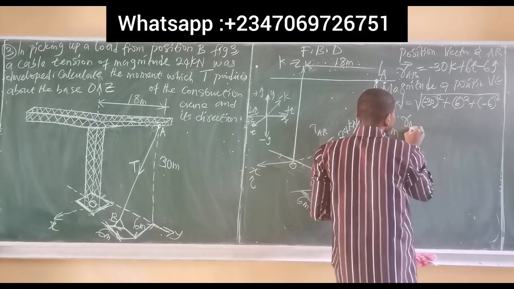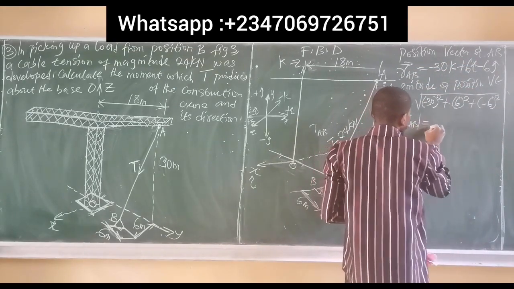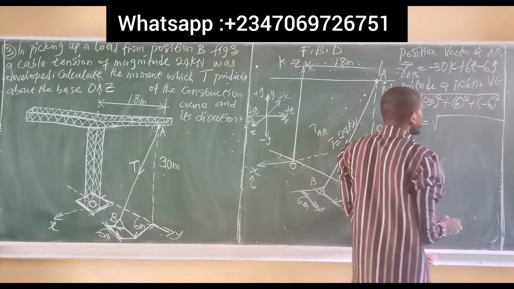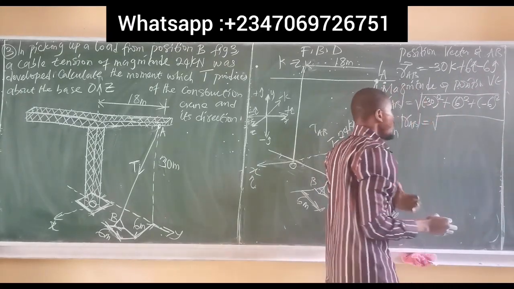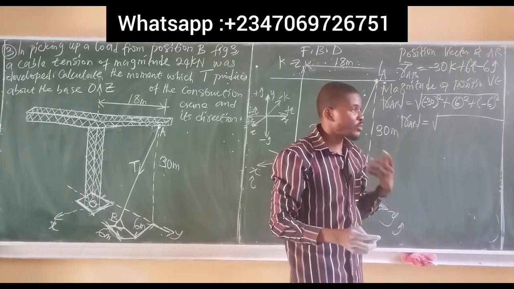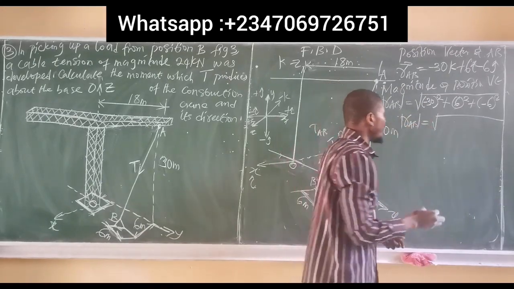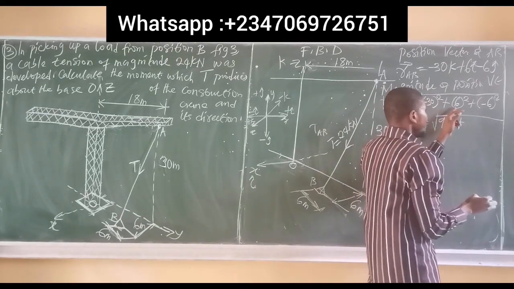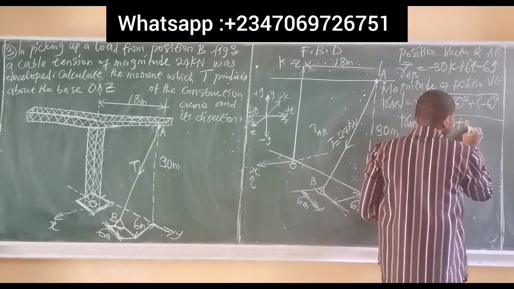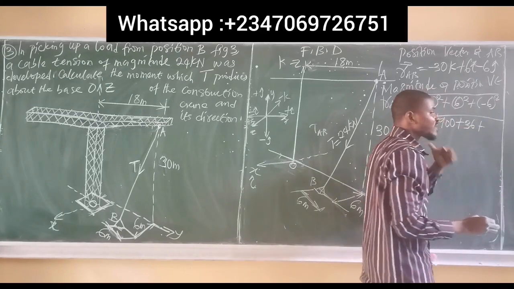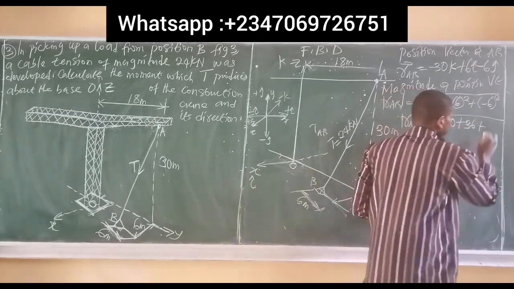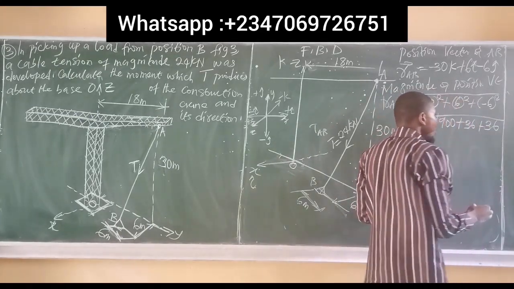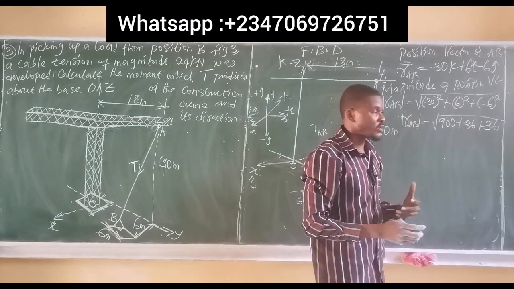So magnitude of position vector in cable AB is now equal to square root of minus 30 squared. When you square a negative value, you have a positive result. So minus 30 squared will simply give us 900, plus 6 squared will also give us 36, plus minus 6 squared also will give us plus 36. The square of a negative value becomes positive.